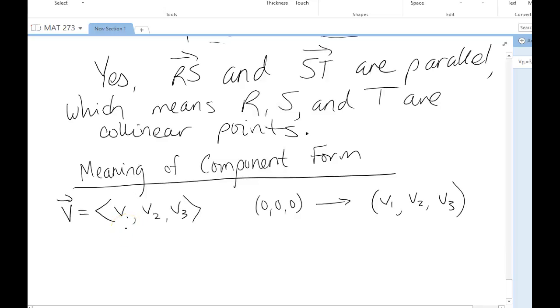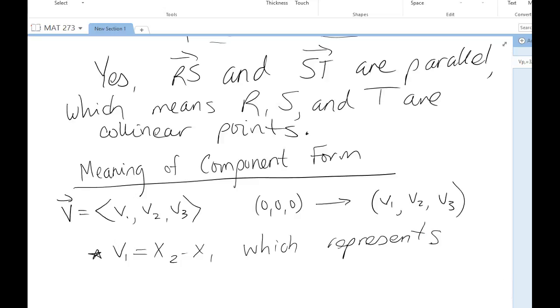Subtraction represents change. It's describing how the x value is changing from the beginning to the ending. Since this formula has subtraction in it, we can also use these components just to represent change, how the coordinates are changing as we move along the vector.